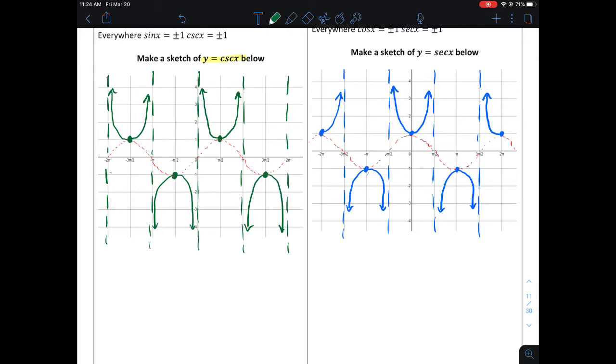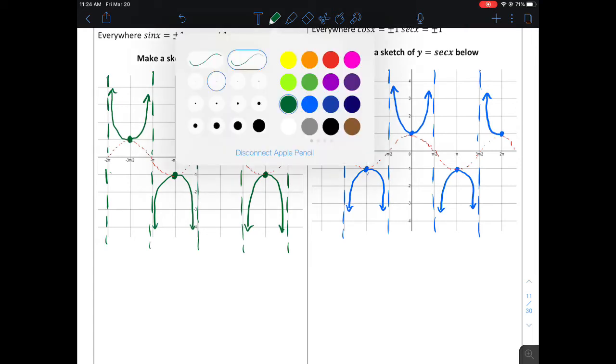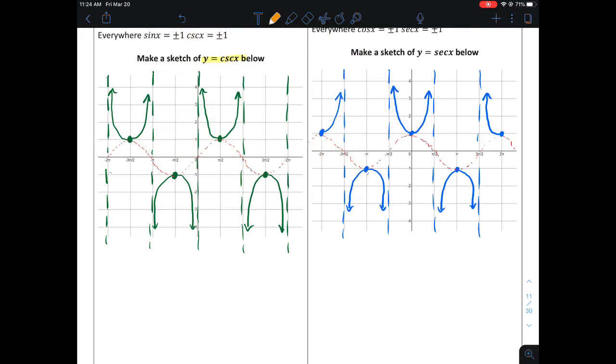Looking at the graph of cosecant, you try to look and say, well, how many radians do I have to go for the graph to complete one full cycle? Well, if I start at 0, I made a U, I made an N, and I go to 2 pi. If I go any farther, I'm going to repeat everything that I did, which means that the period of cosecant is also 2 pi radians.